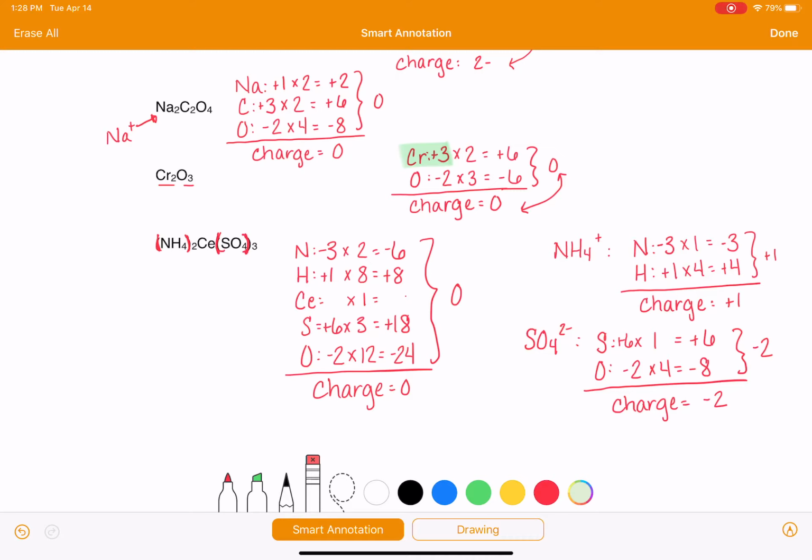Maybe we need to use our calculators to do the math on this. I feel like I don't necessarily trust myself. Minus 6 plus 8 plus 18 minus 24, that totals up to a minus 4. So that means Ce must be plus 4. Let's do that math again. Minus 6 plus 8 plus 4 plus 18 minus 24. That adds up to 0. We did it.